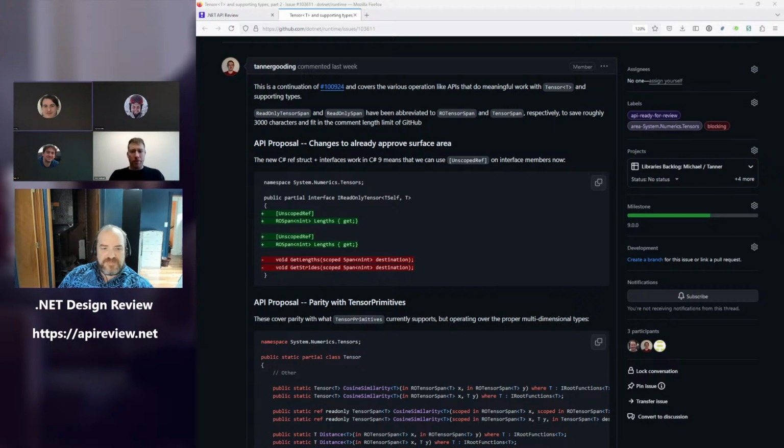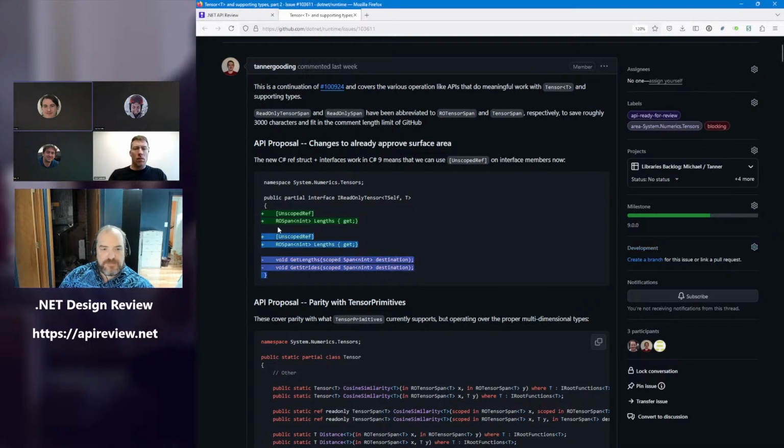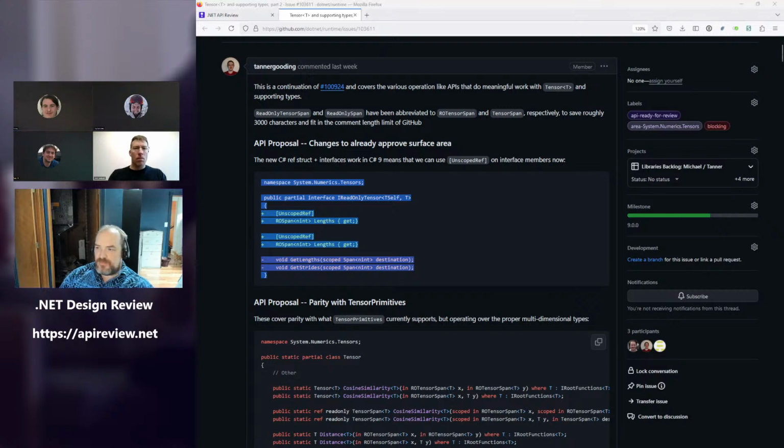The first thing in the list is that C Sharp 9 has a feature that allows you to use unscoped ref in interfaces now, which means that we can fix the IReadOnlyTensor interface to do the nicer thing and return the read-only span directly, and still have it implemented by the types we desired. So it's just saying that we should change it from the void GetLength method to the one that explicitly returns the buffer, that way users have a nicer experience with it.